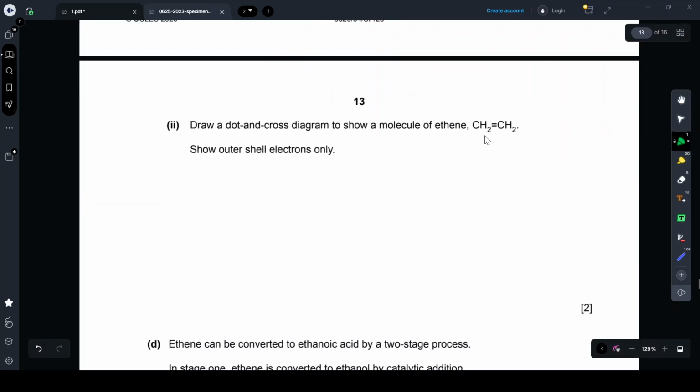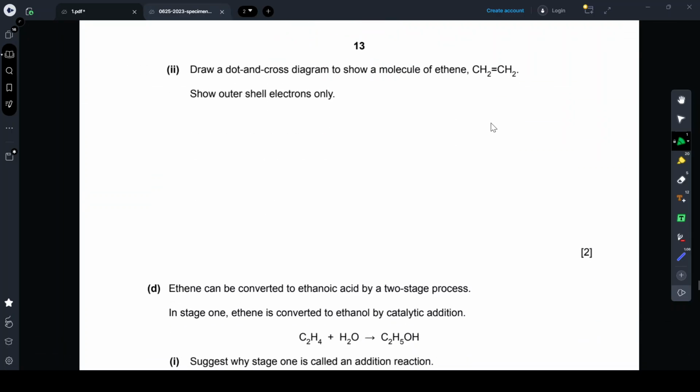All right, draw a dot and cross diagram to show the molecule of ethene. Show outer shell electrons only. There are two electrons in carbon. So first you've got carbon, two carbons, and it's obviously a covalent molecule. So I'm drawing this big so I've got space for the hydrogens.